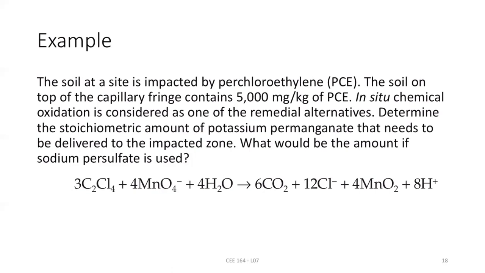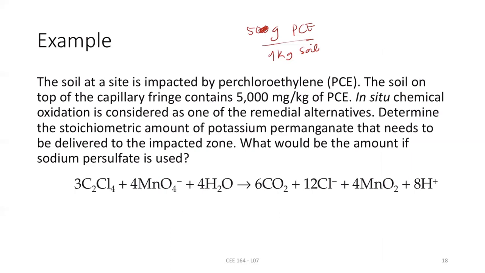This is the amount of contaminant, so you have 5 gram of PCE in 1 kg of soil. In-situ chemical oxidation is considered as one of the remediation alternatives. Determine the stoichiometric amount of potassium permanganate that needs to be delivered to the impacted zone. What would be the amount if sodium persulfate is used?